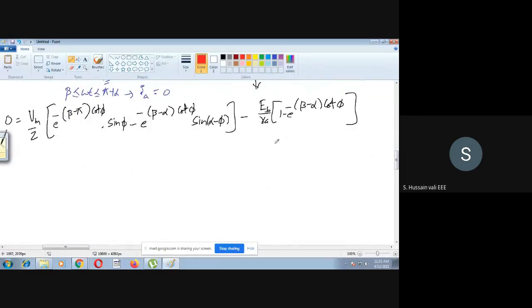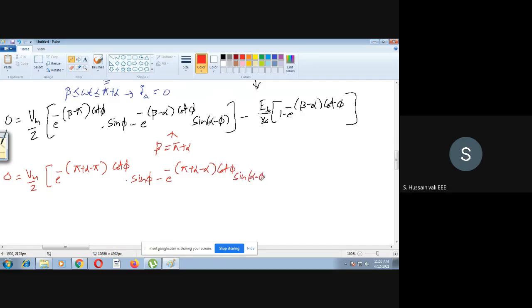So we substitute beta is equal to pi plus alpha in the above equation. Then it becomes 0 is equal to Vm by Z into e power minus pi plus alpha, into cot pi into sin pi minus e power minus pi plus alpha minus alpha, because beta is pi plus alpha, into cot pi sin alpha minus pi.